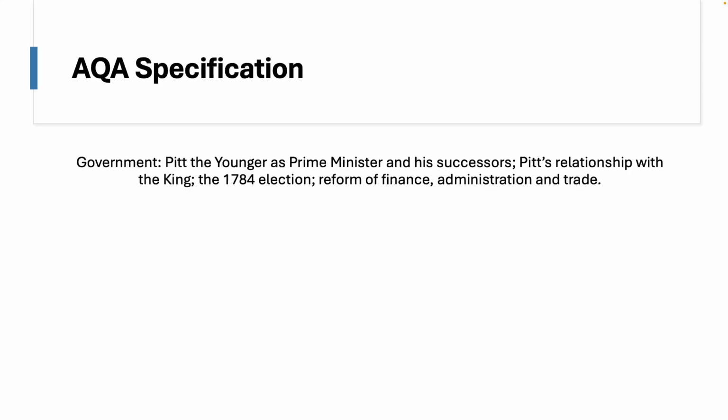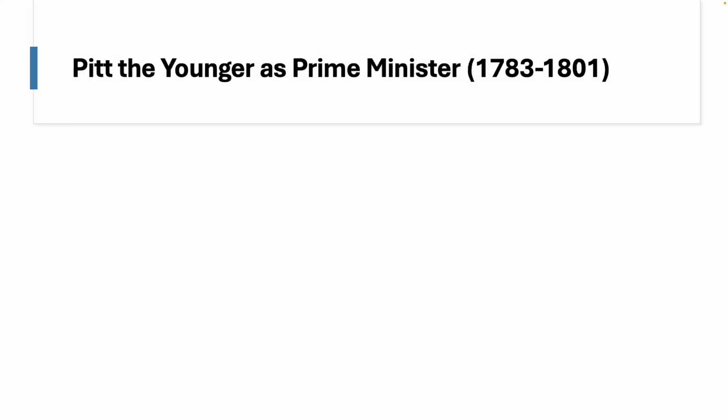I guess the perfect place to start is to think about how and when Pitt the Younger comes to become Prime Minister. William Pitt the Younger was Prime Minister from around 1783 to 1801. He was born in 1759 and died in 1806.